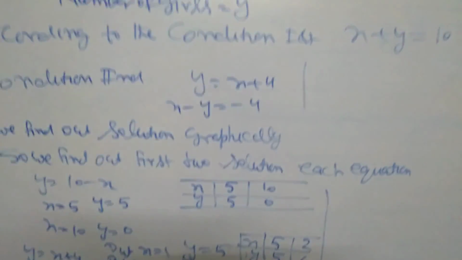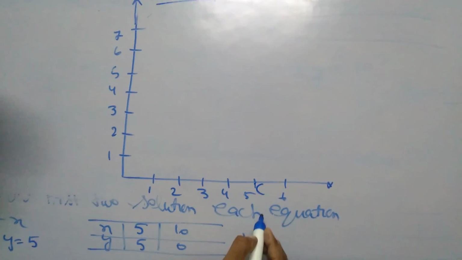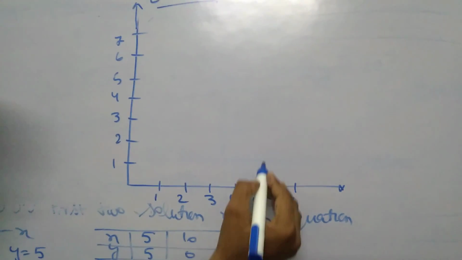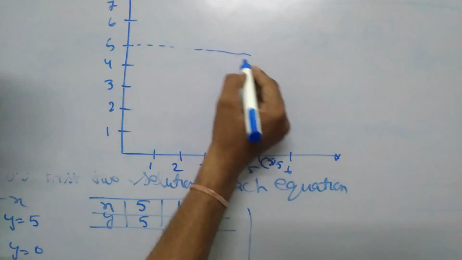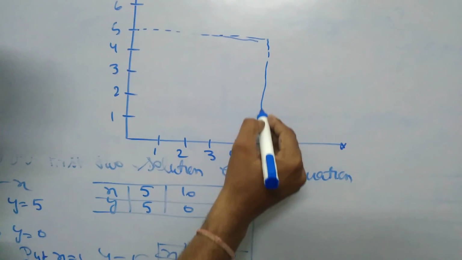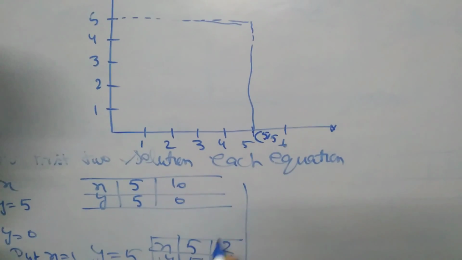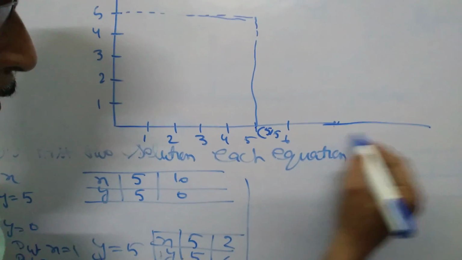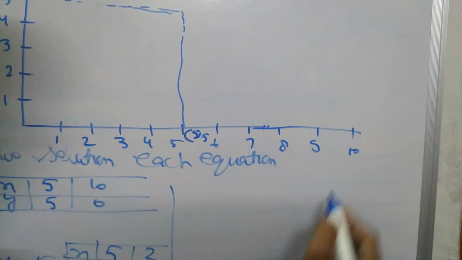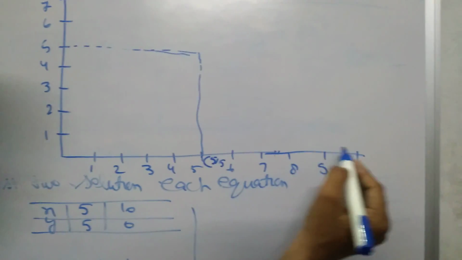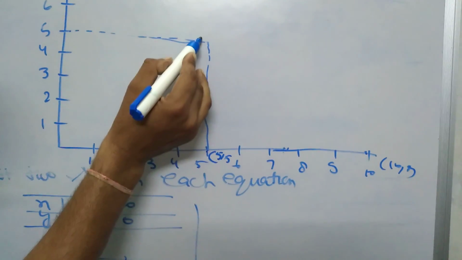Now draw the graph of the equation. x equal to 10, y is 0. Now join these points.